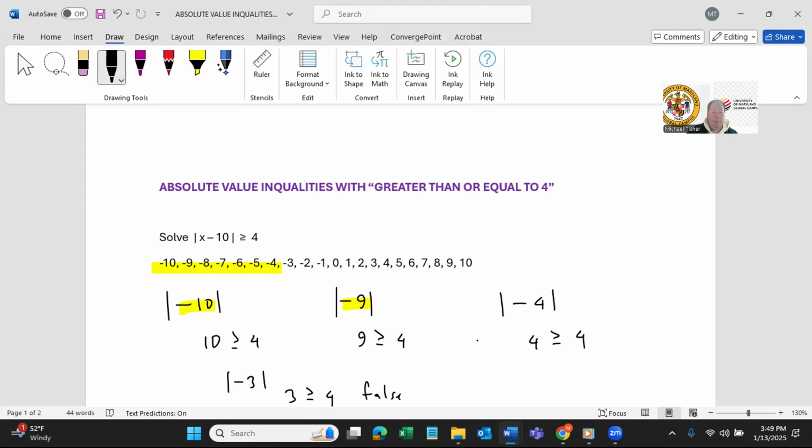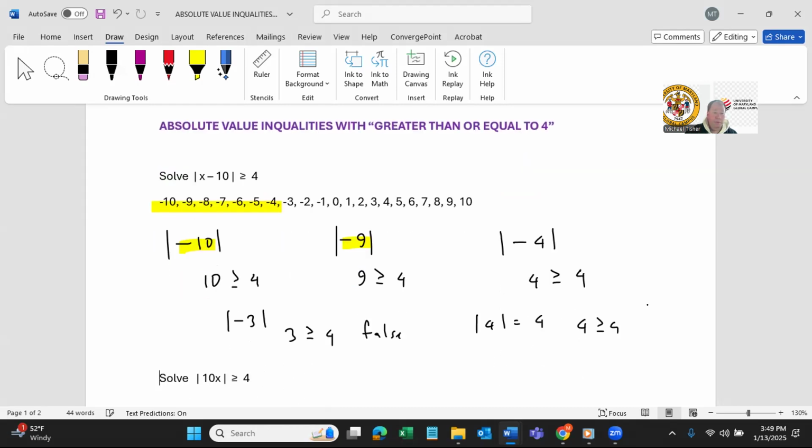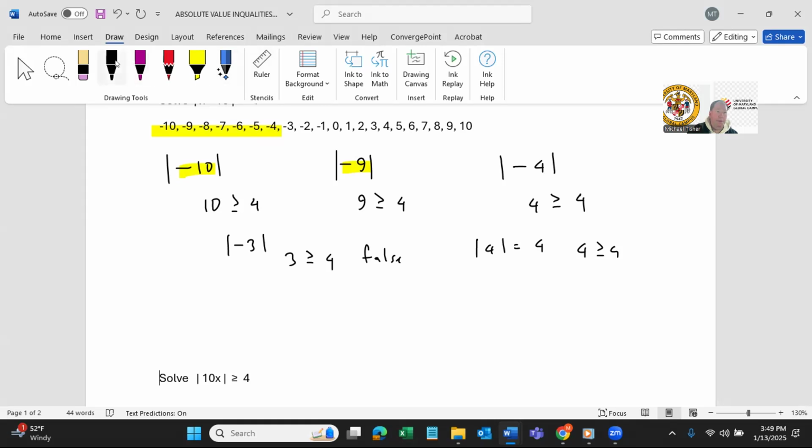Let's try 4. Absolute value of 4 is 4, and 4 is indeed greater than or equal to 4. So 4 will work. How about 5? So 5, absolute value of 5 is 5.